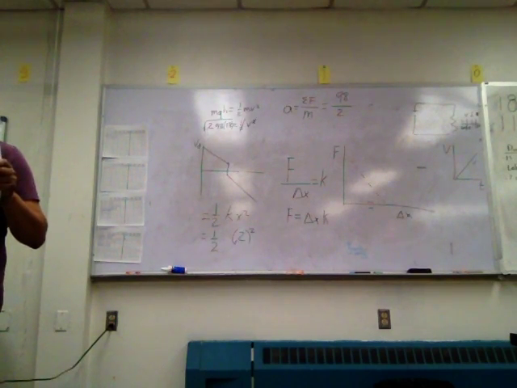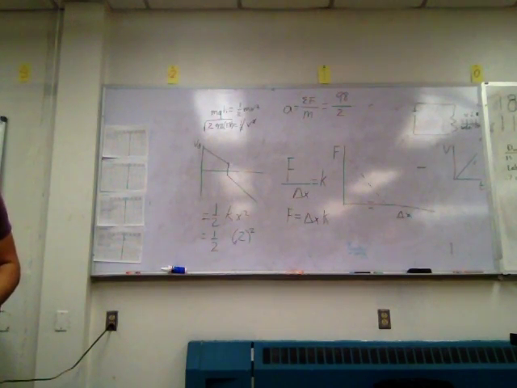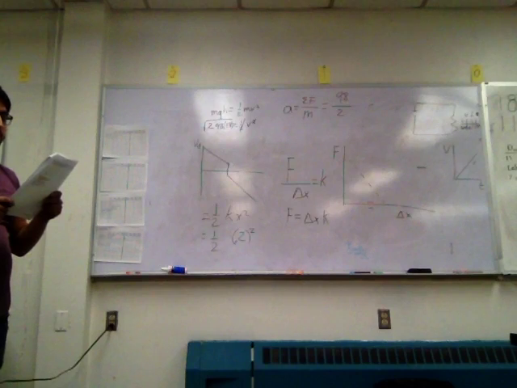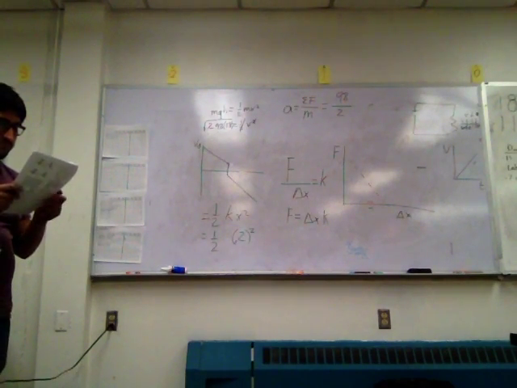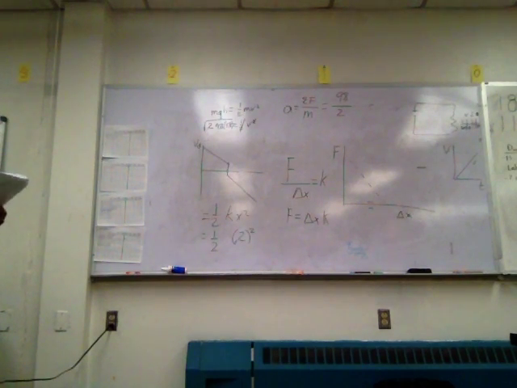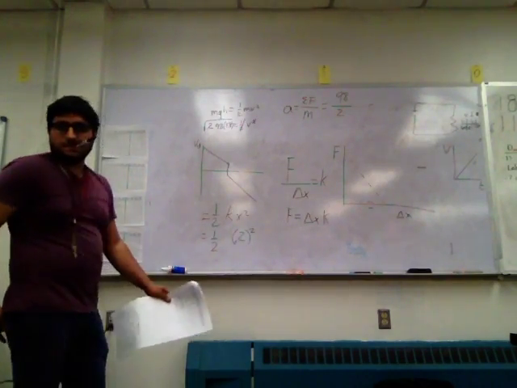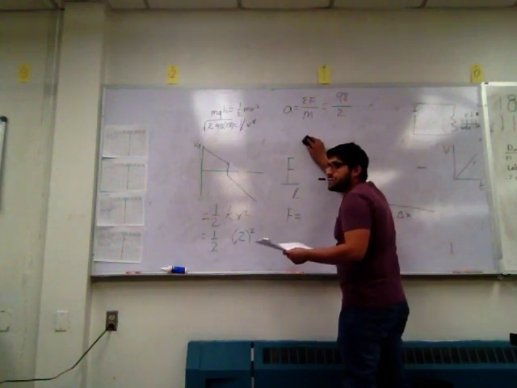So 60 divided by 0.1, rise over run, and you will get the answer to be A. A? Yeah.